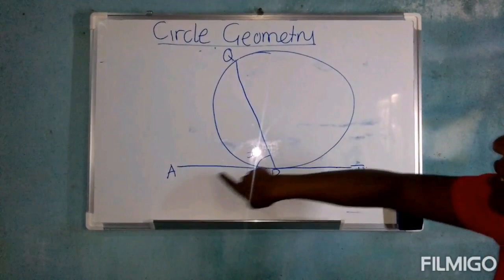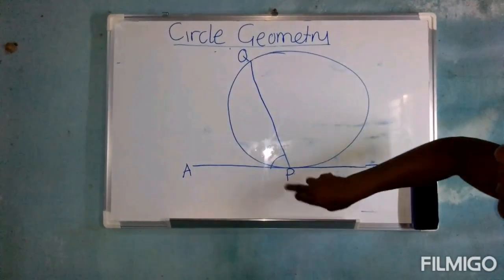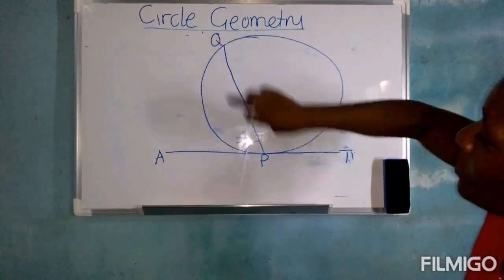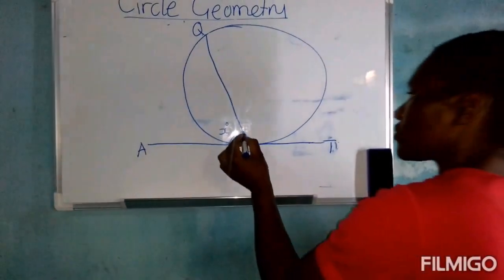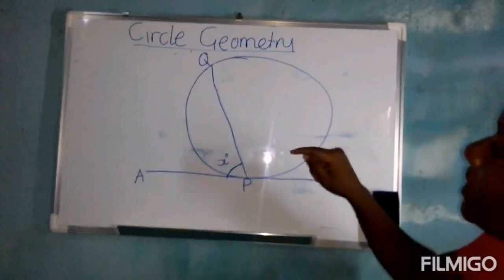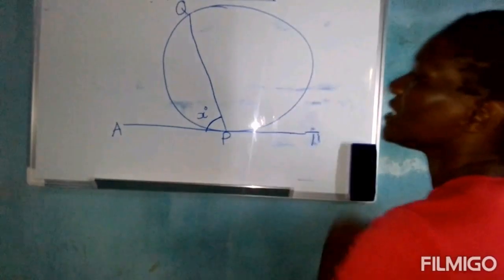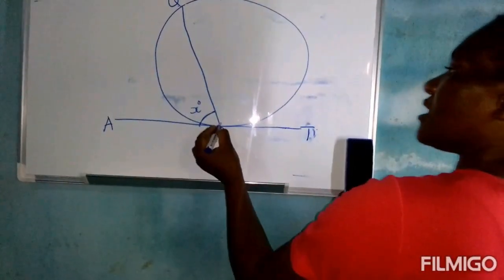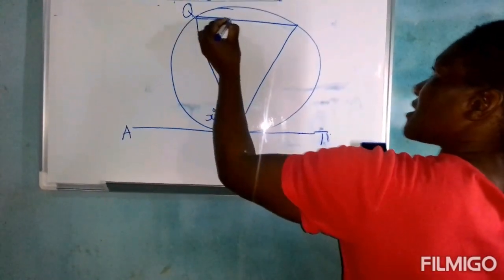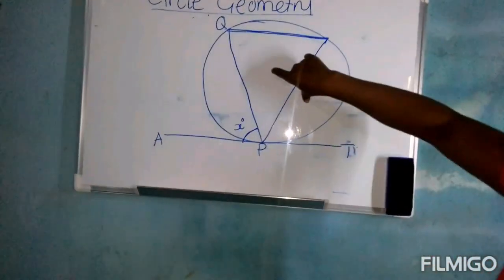The angle formed between Q, P and A, these two lines, the chord and the tangent. Any angle that is subtended at the circumference in the alternate segment is equal to this x degrees. So let's say this angle has been subtended by this chord in the alternate segment.